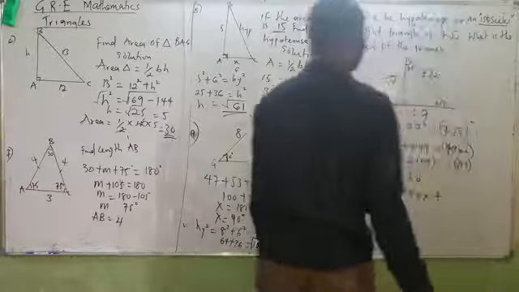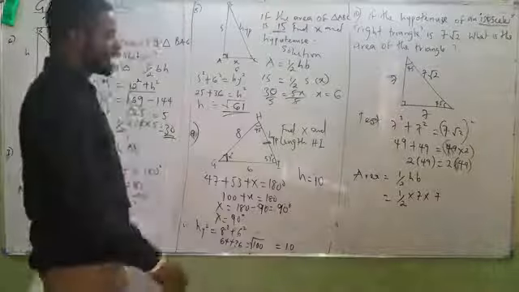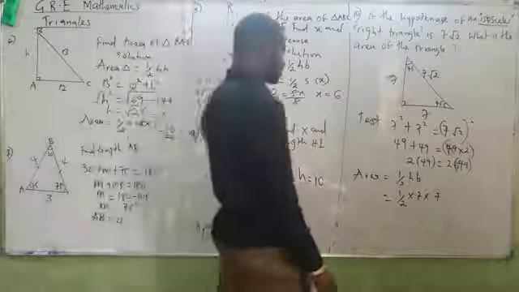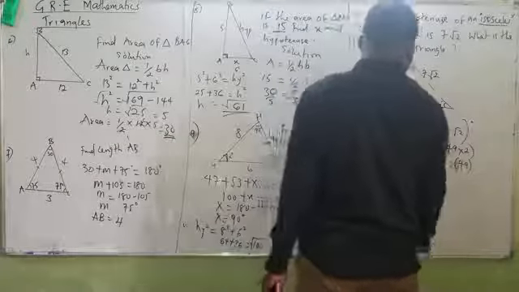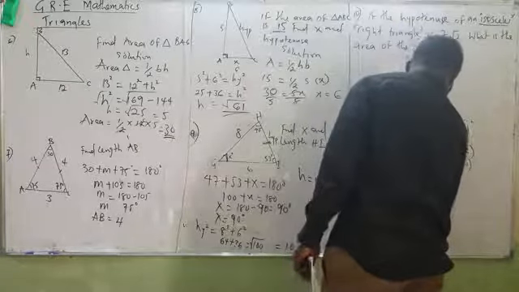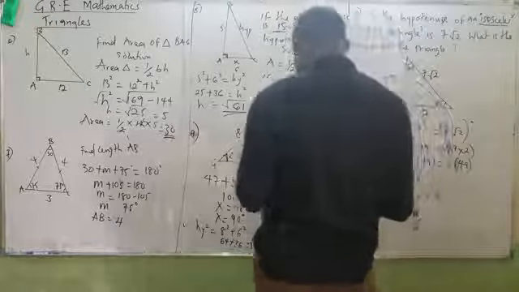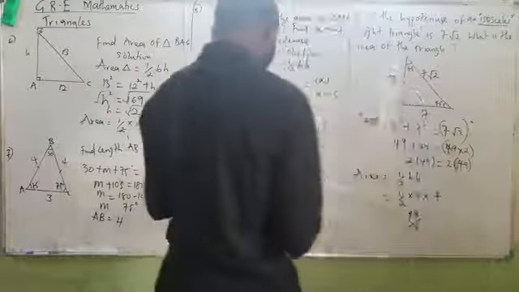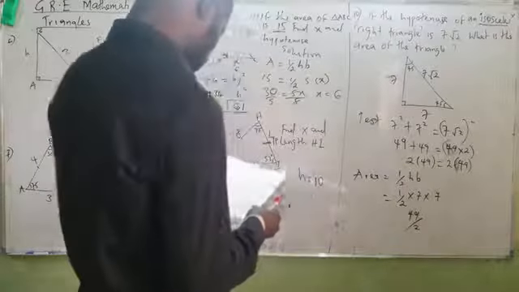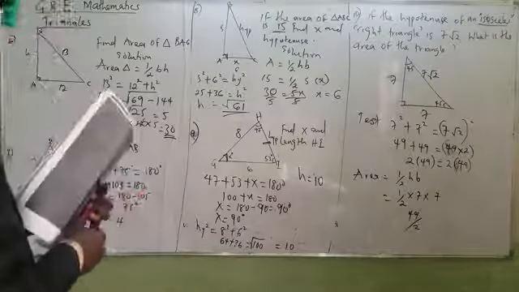You don't need the hypotenuse for the area, so I can now say 49 all over 2, which is my answer. That is the area of the given triangle.